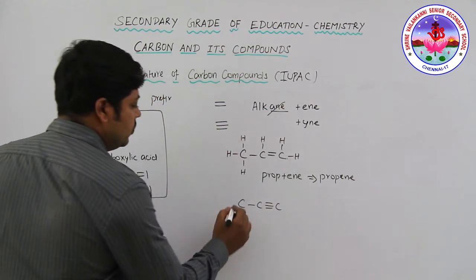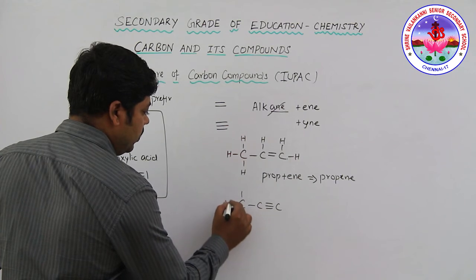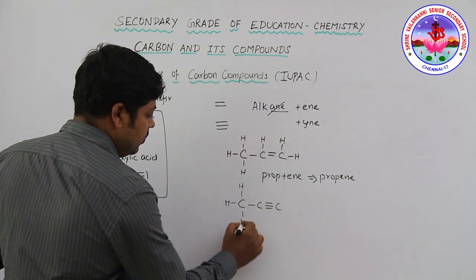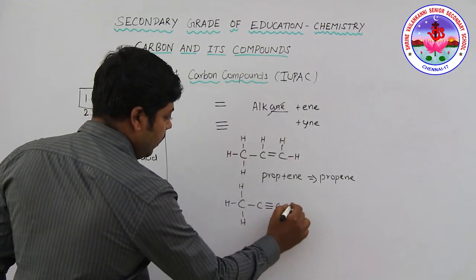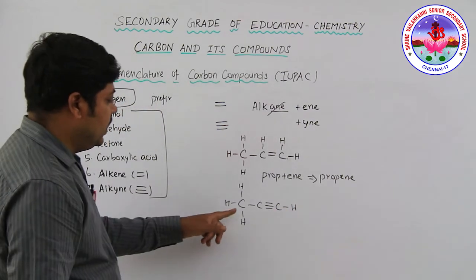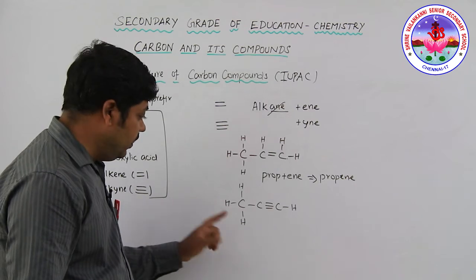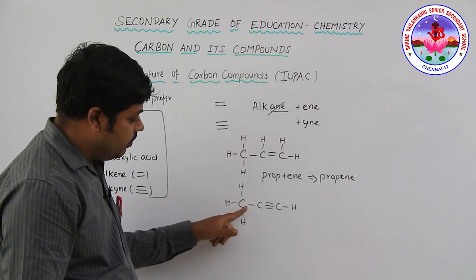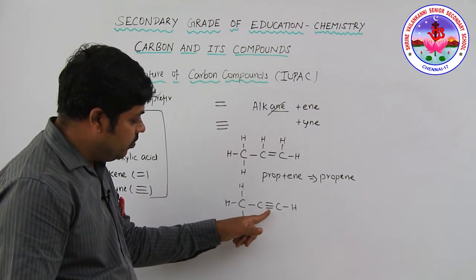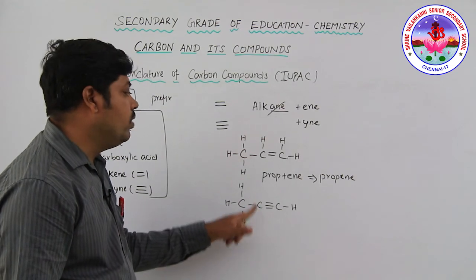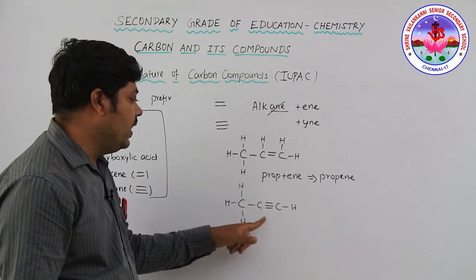Then alkyne: for a triple bond, the structural formula is written like this. Check that all the carbons and hydrogens are satisfied, that is very important. This carbon is satisfied, and this carbon also, 3 plus 1, 4, is satisfied. So there is no need to draw the hydrogen atom here.